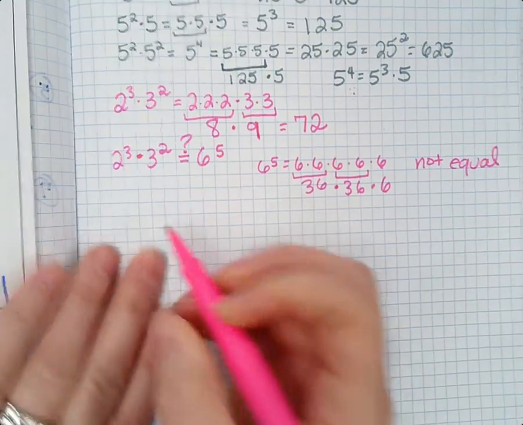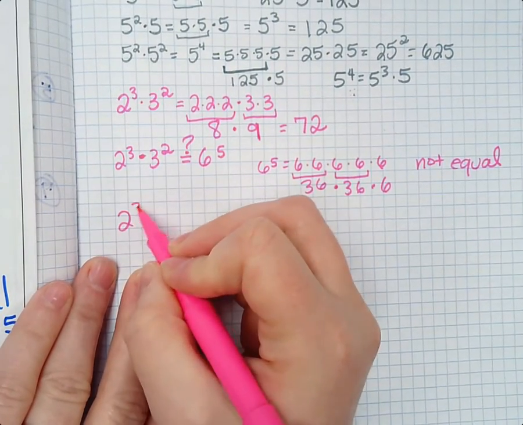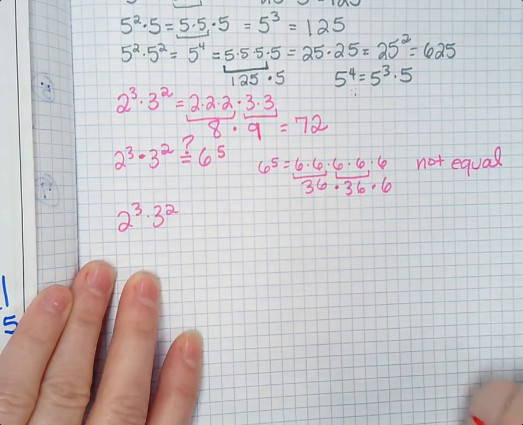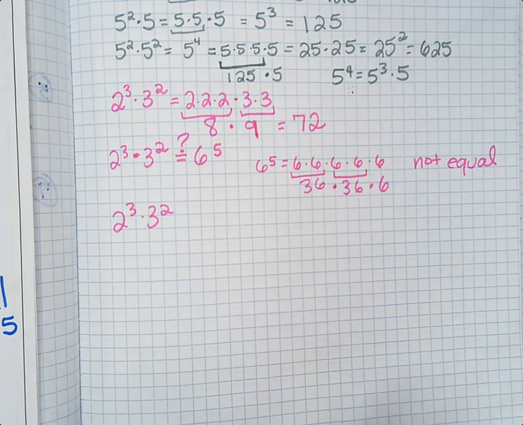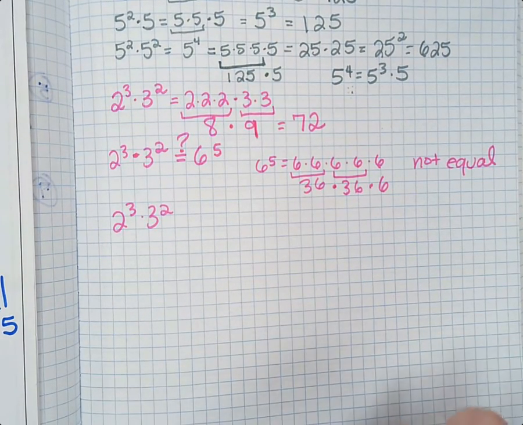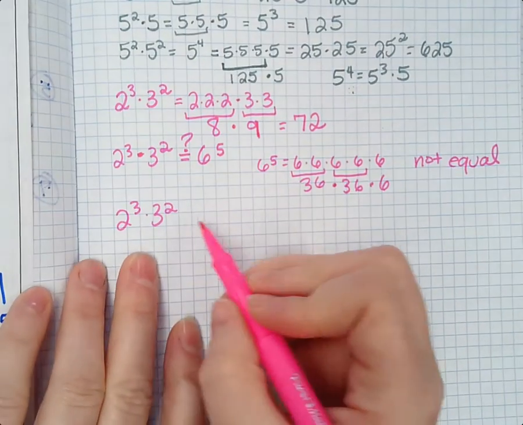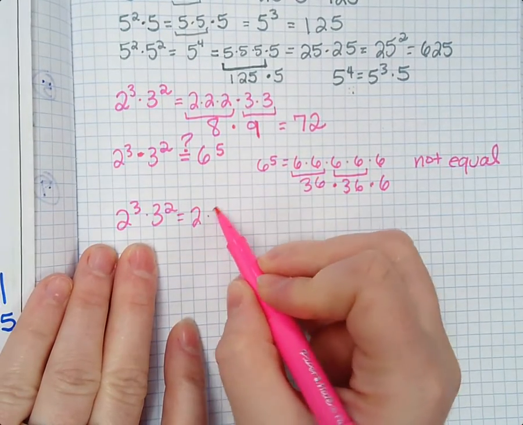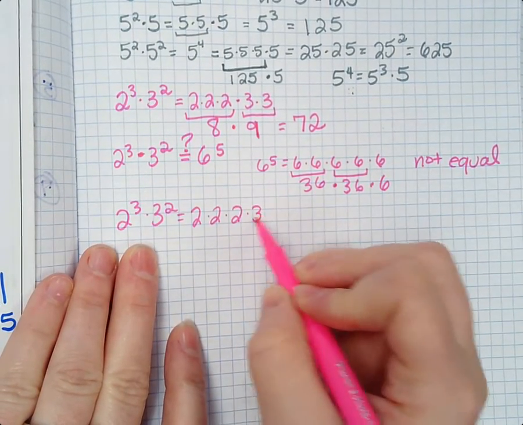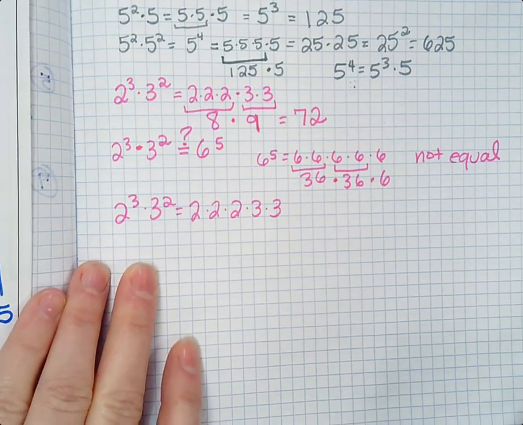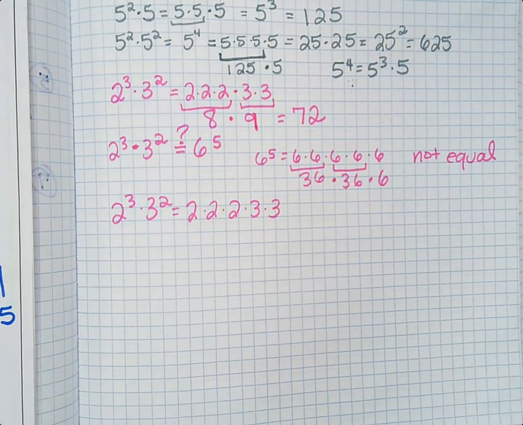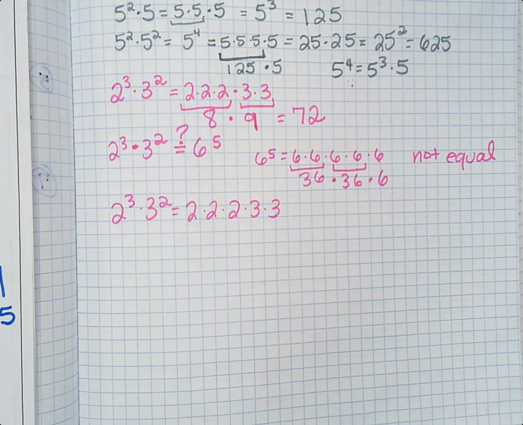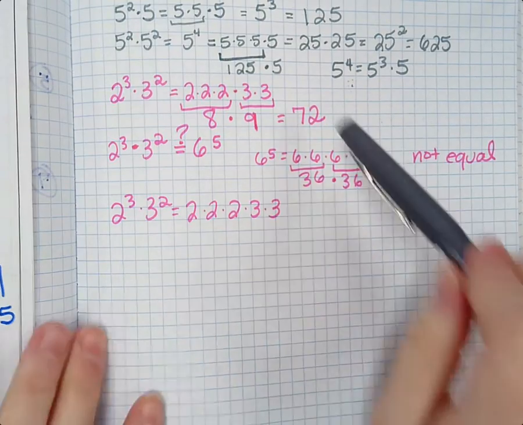But let's find out what this 2 to the third times 3 squared is with a base of 6. Let's see if we can get a base of 6 somehow. So I'm going to rewrite this like I did earlier: 2 times 2 times 2 times 3 times 3. Now I want to get a base of 6. So I'm manipulating the numbers, changing them up, but I still want it to be equivalent to that 72.